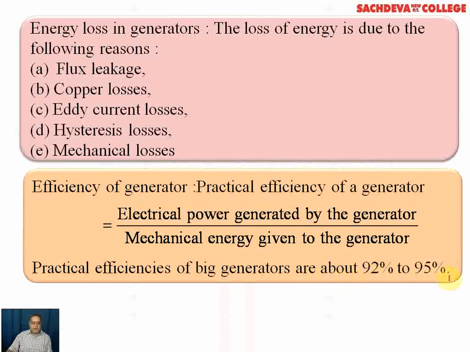It is not a constant value because electrical power and mechanical energy are never constant, they are variable. Hence, the practical efficiency varies from a minimum of 92% to a maximum of 95%. They are not 100% because of flux leakage, copper losses, eddy current losses, hysteresis losses, and mechanical losses. Now comes the motor.